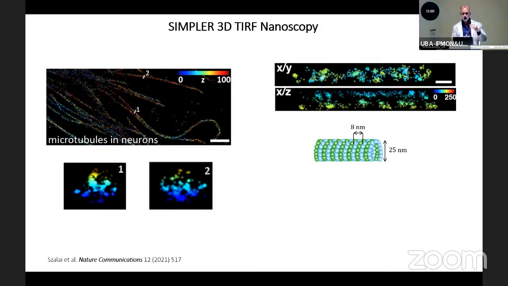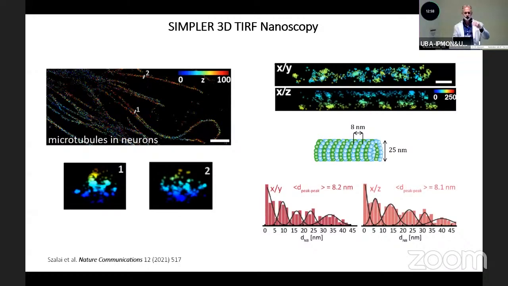Nevertheless, we can compute, for example, distances to the first neighbors. And if we take here a line, here a line, and we take in the XY plane or the XZ plane distances to the first neighbors, statistically we see that the probability peaks at about the period of about 8 nanometers.